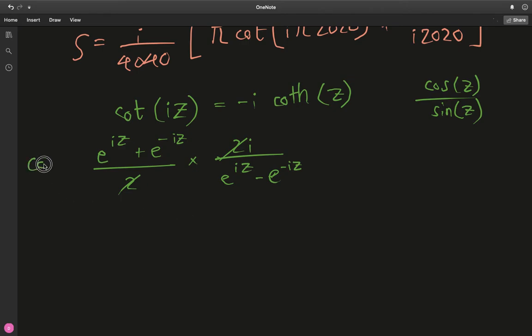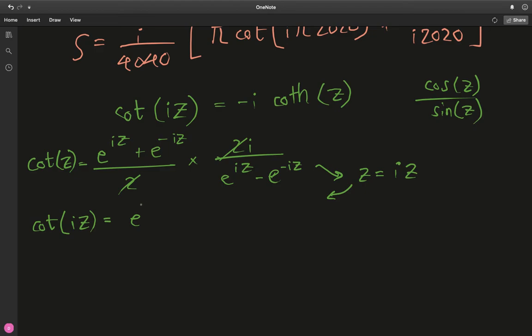But notice that this was only for a regular cotangent of z. But instead of z, say we have I times z. If we make that change, what we get for the cotangent of I times z is e to the I times iz.